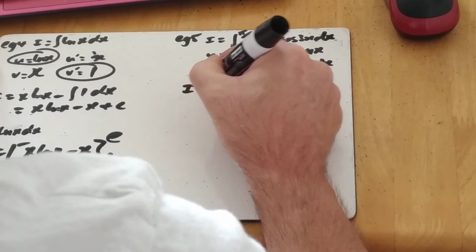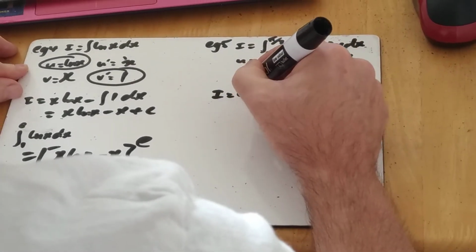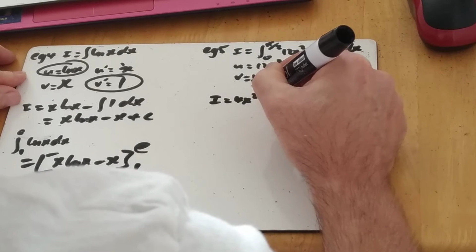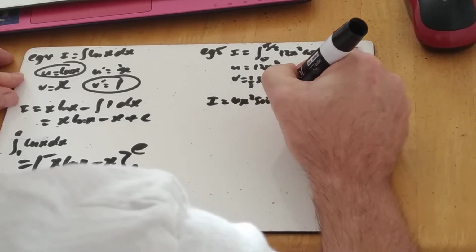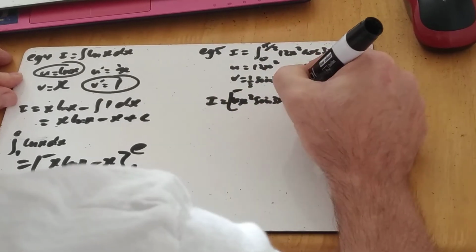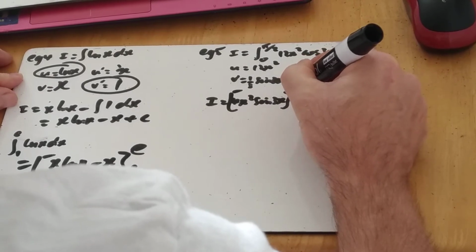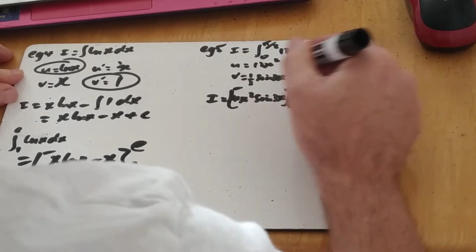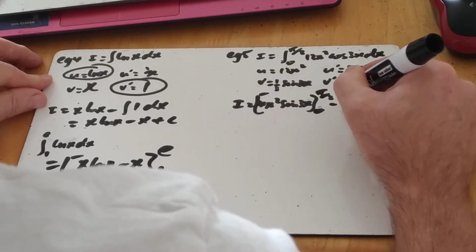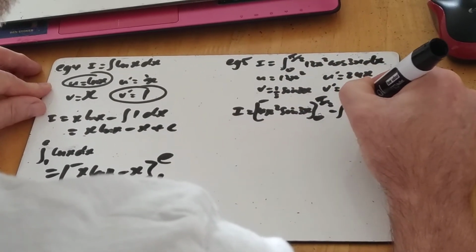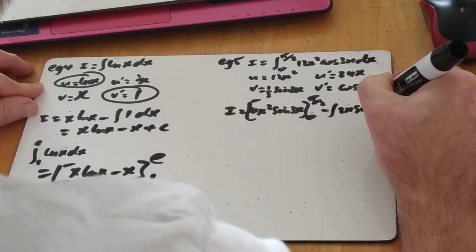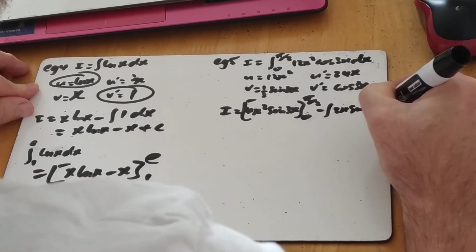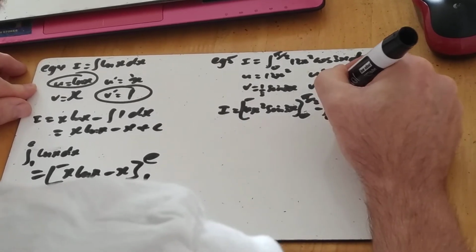So my integral becomes, that times that, 4x squared sine 3x between my limits, pi over 2 and 0, and then minus, that times that, a third times 24, so I've got 8x sine 3x dx, between the limits 0 and pi over 2.